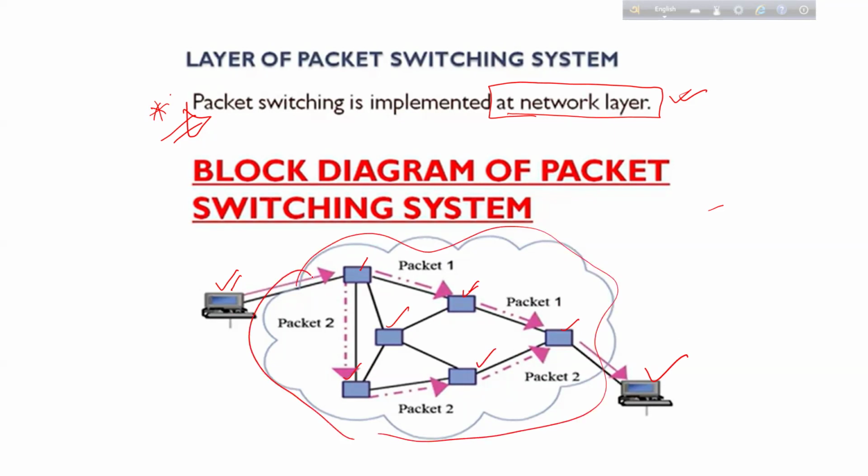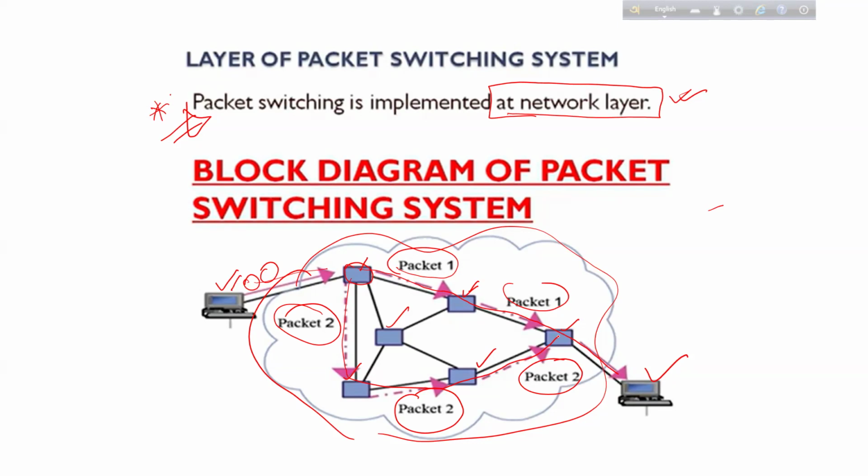Say, for example, there are two packets. One packet is moving as packet one using this path, and another packet is moving using this path. So they are using different paths.